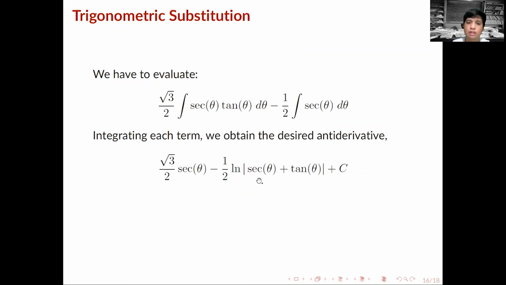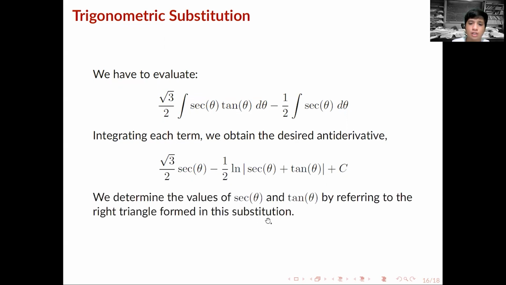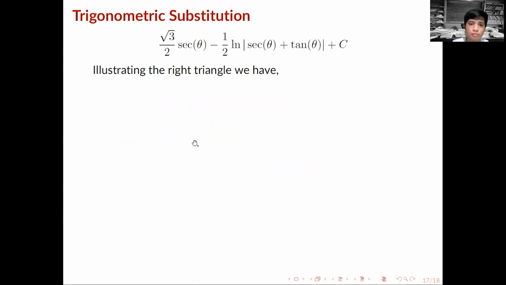However, recall that our original integral before is written in terms of v, so we have to convert theta back to variable v, and then convert that v back to sinh x. So let's first convert it back to v by referring to our reference triangle.